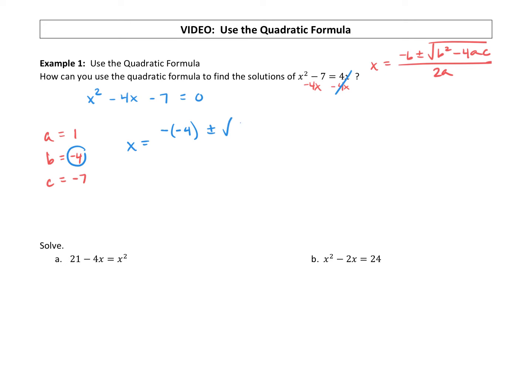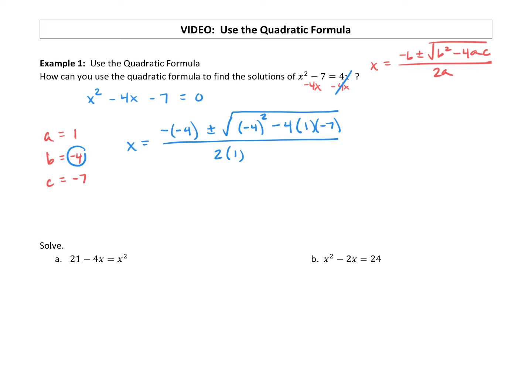When I plug that in, parentheses around my b, really we're putting parentheses around every value that we plug in. So b squared minus 4ac, so 4 times our a is 1, our c is negative 7. All over 2a, so plug in a 1 for your a.